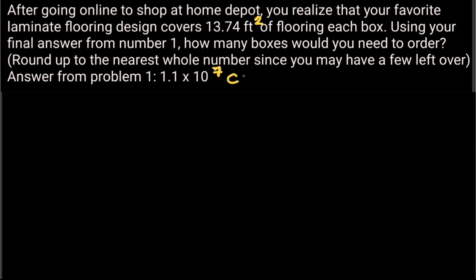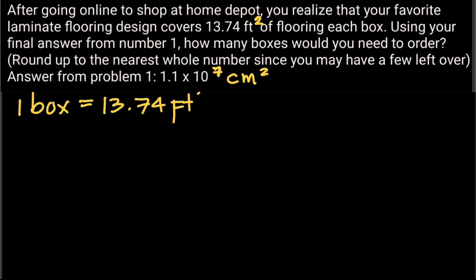This is square centimeters. So it's given here that one box measures 13.74 square feet, and that the area of the flooring is 1.1 times 10 to the 7 square centimeters.